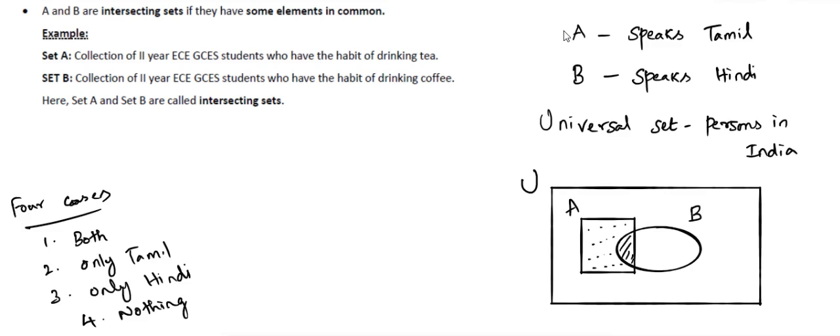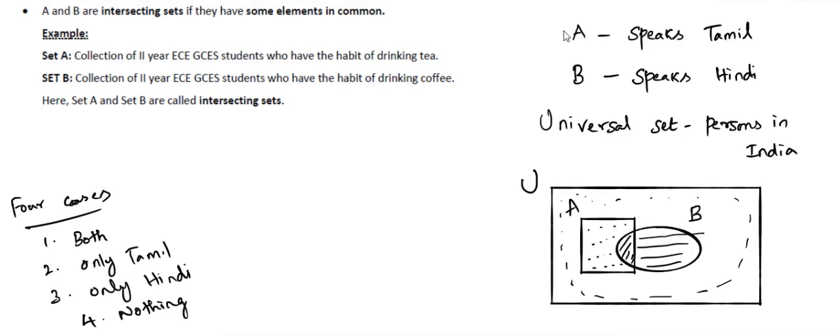They won't speak Hindi. This portion represents the persons who speak only Hindi. They don't know Tamil. Then what about this area? They speak neither Tamil nor Hindi. So now our area of interest is intersecting sets. Intersecting sets means they will have some elements in common.